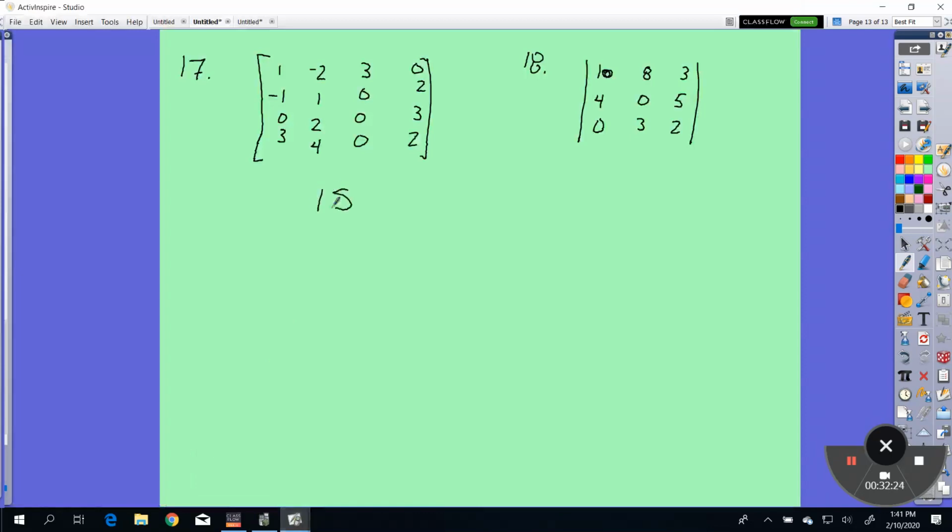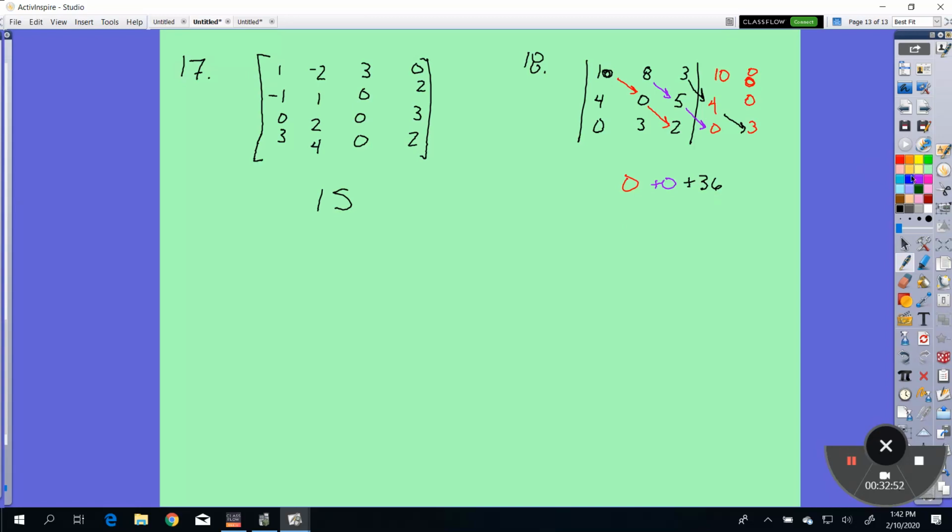Now duplicating columns, so I come over here, I write 10, 4, 0 again, 8, 0, 3. 10 times 0 is 0, 0 times anything is still 0. 8 times 5 is 40, times 0 is another 0. 3 times 4 is 12, times 3 is 36.